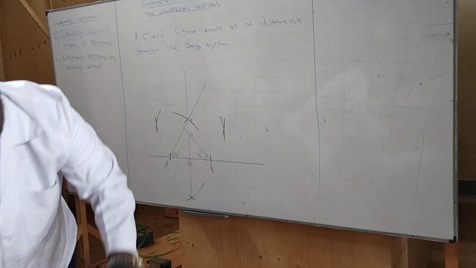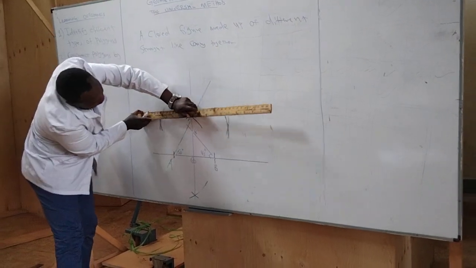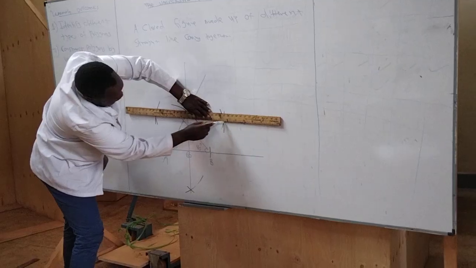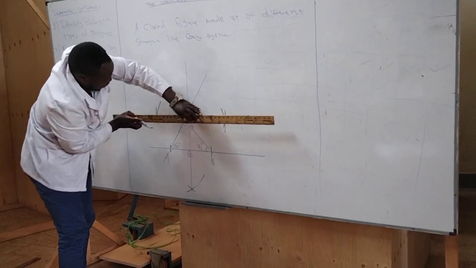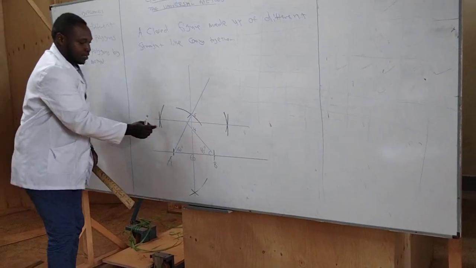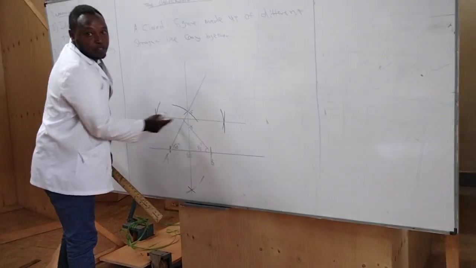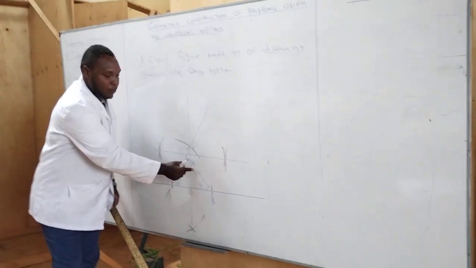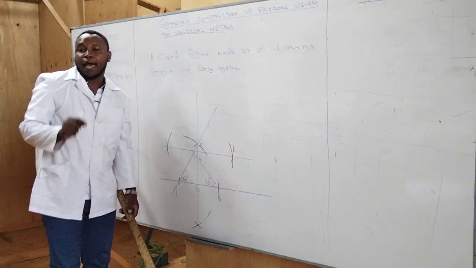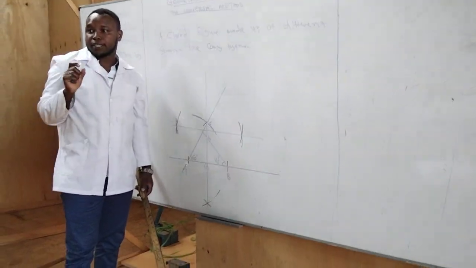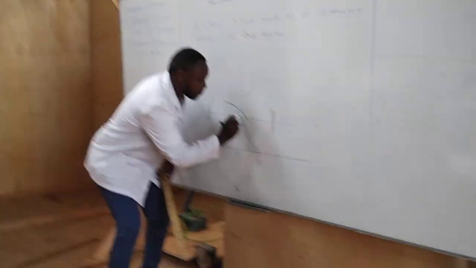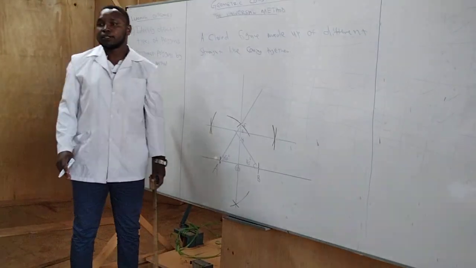And then you join the 2 points. So after joining the 2 points of intersection, it cuts points 4 and 6 at the center, that is equidistant from 4 to that point. So we call it point 5.